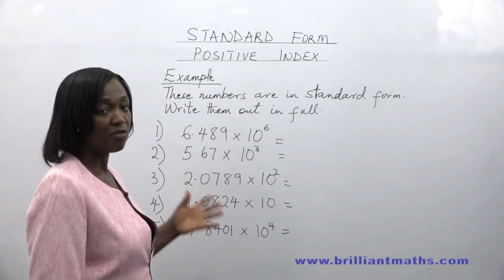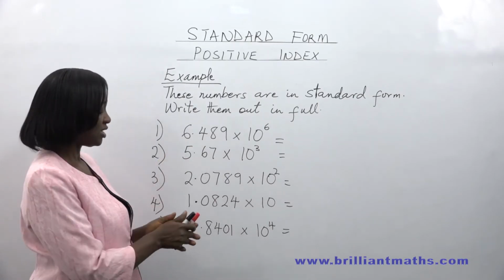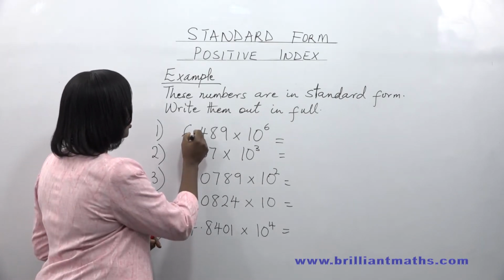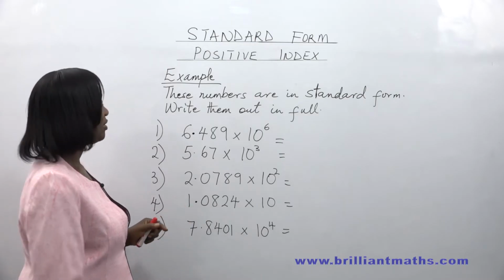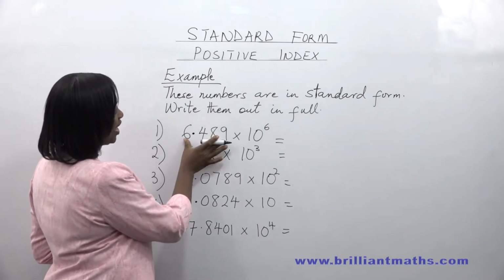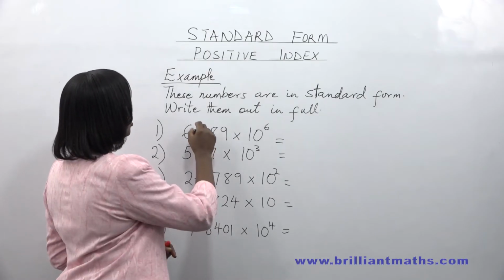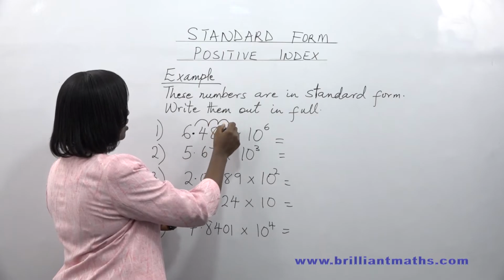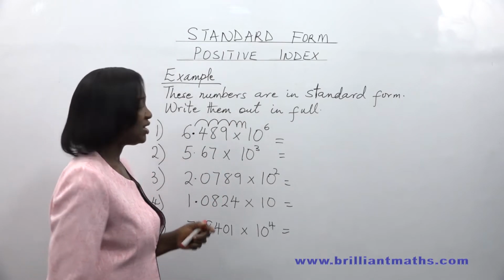In this example, the numbers are already written in standard form, but we want to write them out in full. So we have 6.489 times 10 to the power 6. So how do we get the full number? It means we are multiplying this by 10 to the power 6. So we could go 1, 2, 3, 4, 5, 6. What does that mean?